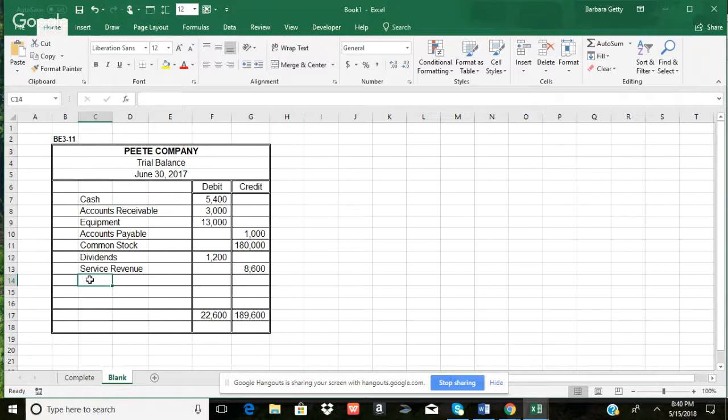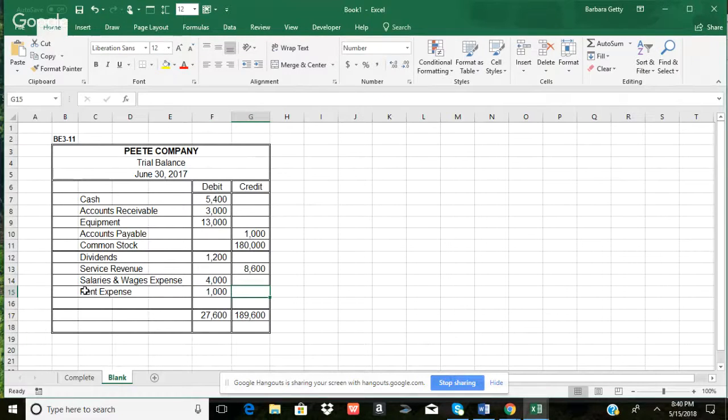And then we go into the expenses. Listed down there is salaries and wages expense, and this is a debit. It's 4,000. The last expense was the rent expense, and that was 1,000.